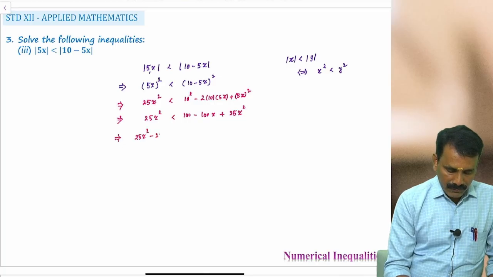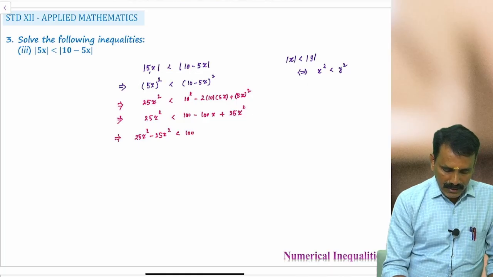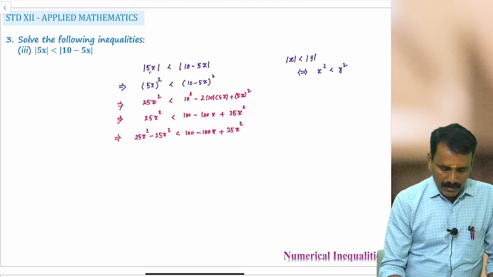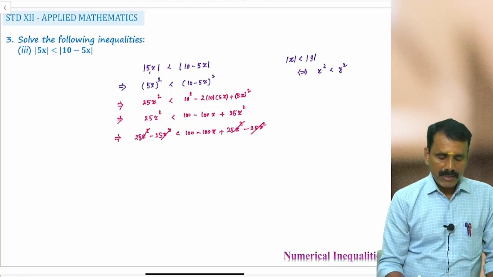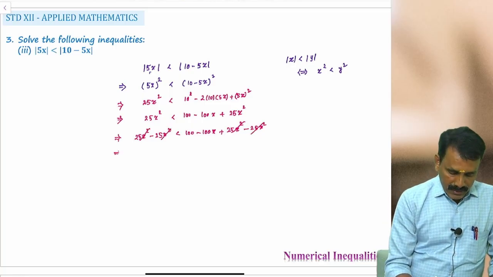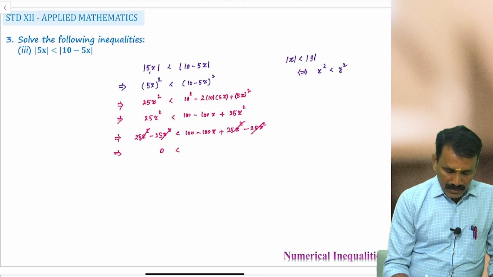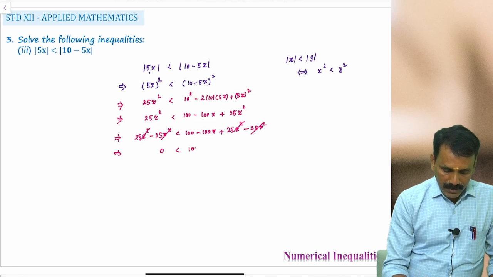So, minus 25x square strictly less than 100 minus 100x plus 25x square minus 25x square. So, 25x square cancel, 25x square cancel. So, we get 0 less than 100 minus 100x.